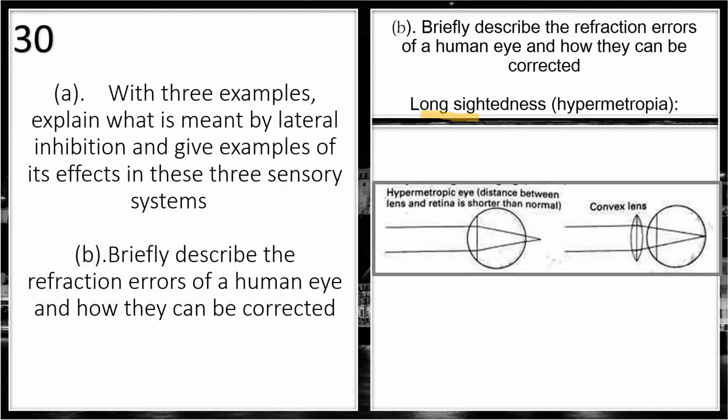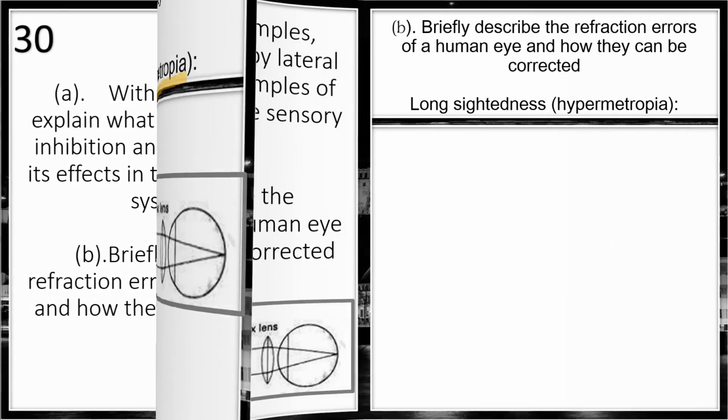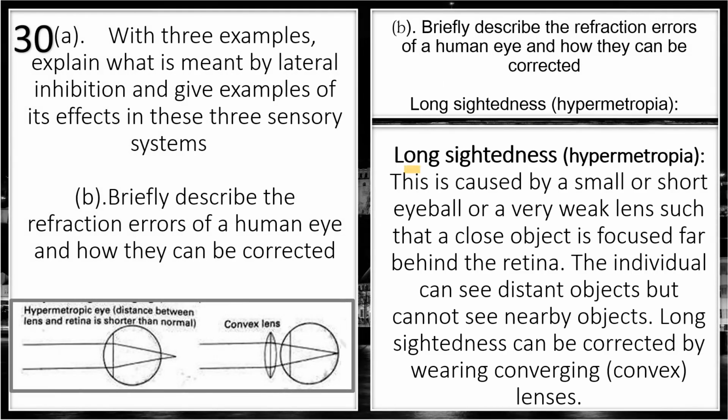Let's look at long-sightedness, hypermetropia. Long-sightedness is caused by a small or short eyeball or a very weak lens, so that a close object is focused behind the retina.